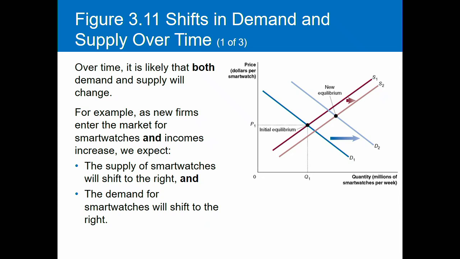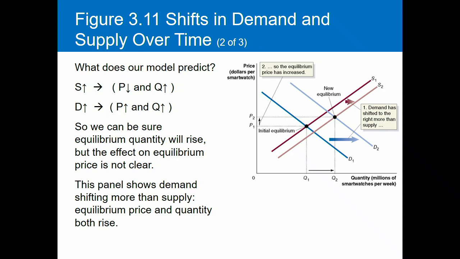In this case, demand increases more than supply, so the price is going to increase while the quantity demanded increases. So the effect of the shift in the demand curve is going to be greater than the effect of the shift in the supply curve.